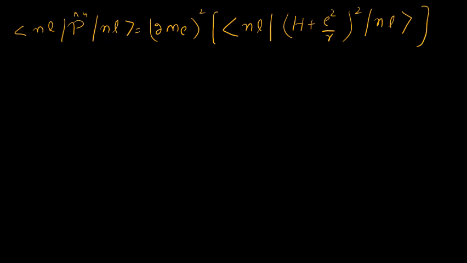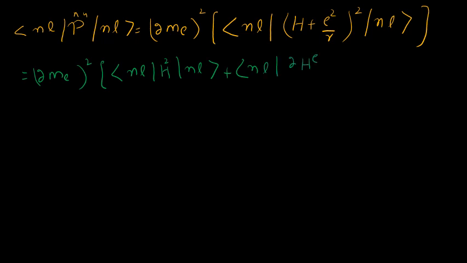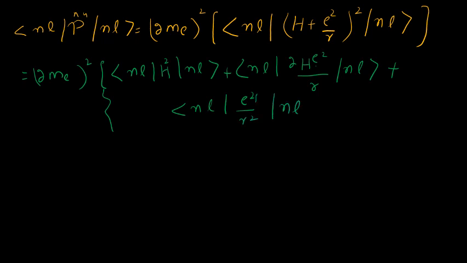Now I can further simplify it, and write it like 4Mₑ² into ⟨nl|H²|nl⟩ plus ⟨nl|2H e²/r|nl⟩ plus ⟨nl|e⁴ over r²|nl⟩.